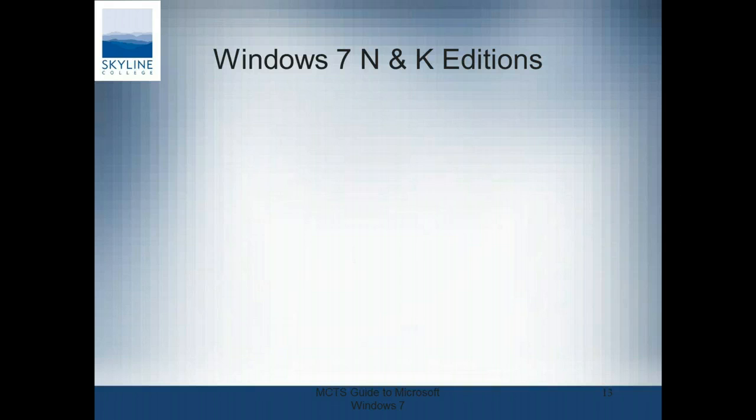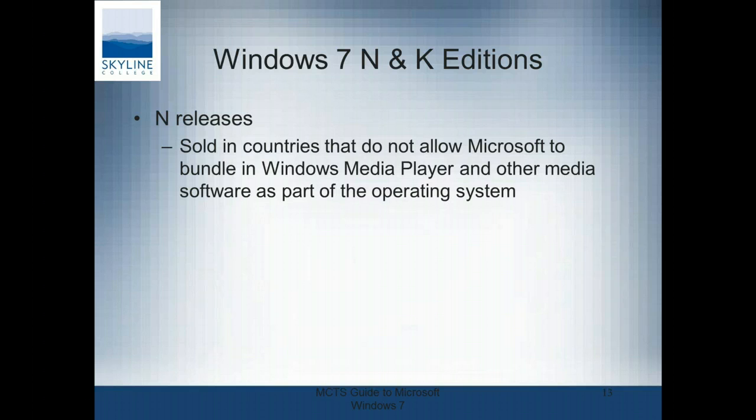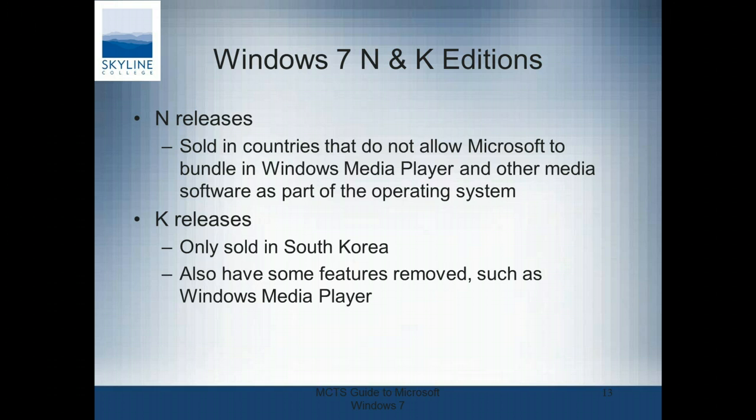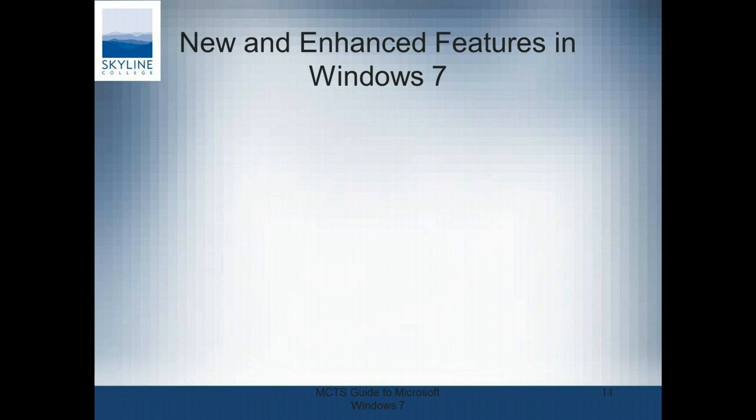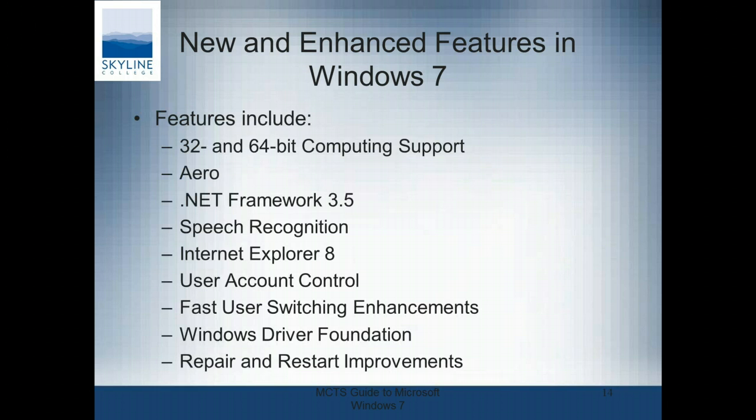Do you have to install it? These are specialized by country. The N releases do not allow Microsoft to bundle Windows Media Player or Internet Explorer with other software as part of the operating system, and the K releases are only sold in South Korea. So those are all part of the controls that have gone into this.